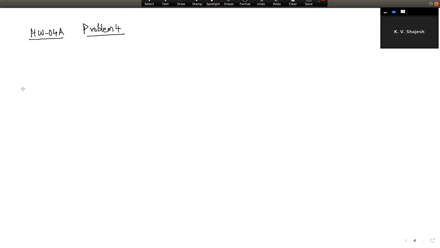So this is the floor or the ground, let us say, and this is the roof of a building.